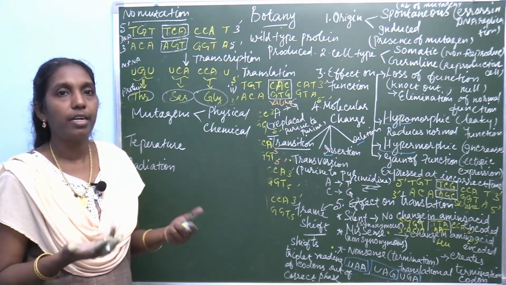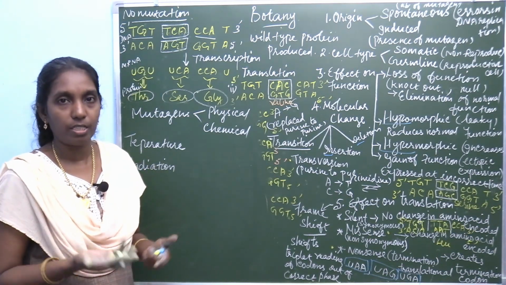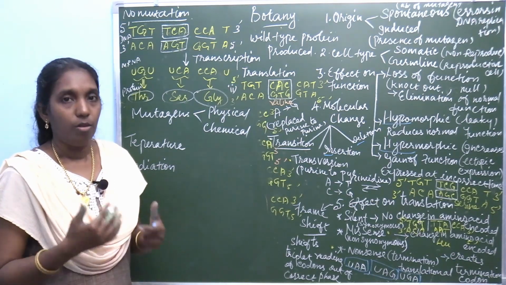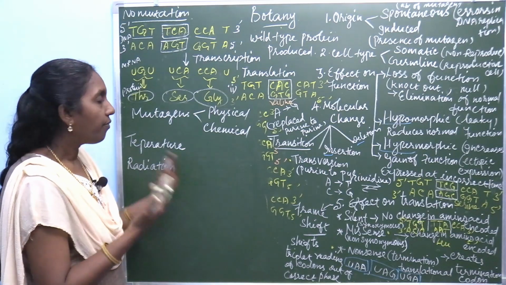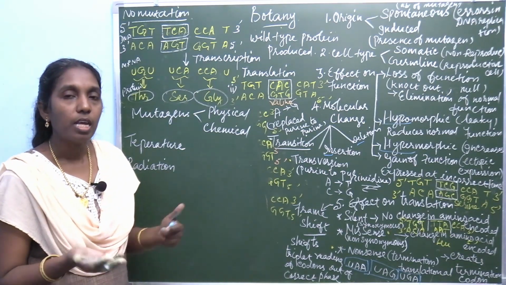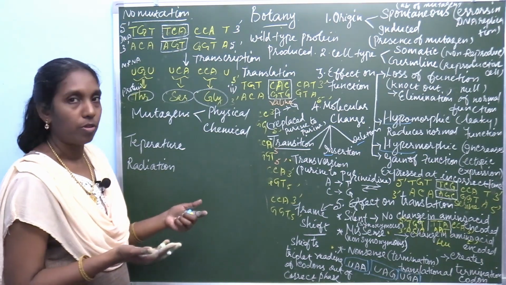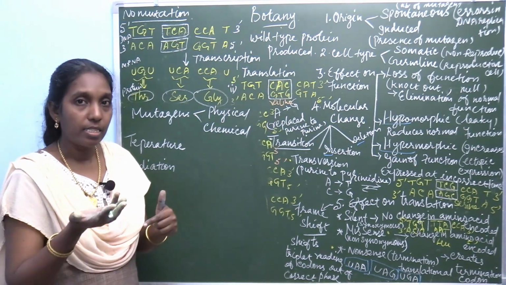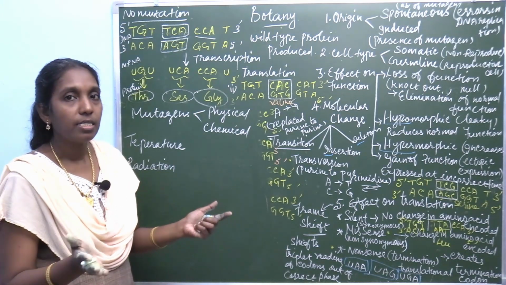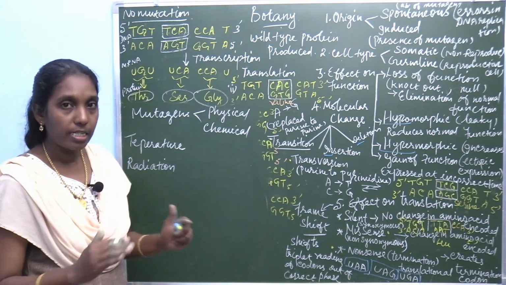The rate of mutation increases when the temperature increases. While the temperature rises, it affects the replication process, the transcription process, and the translation process. When the temperature rises, it breaks the nucleotide sequence.